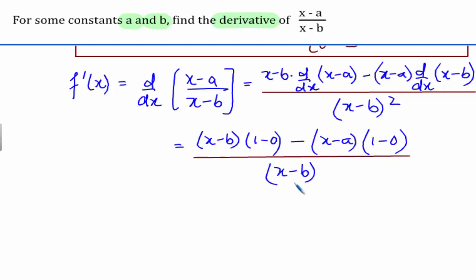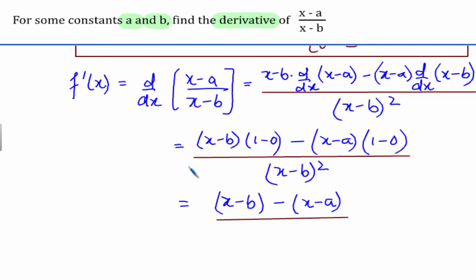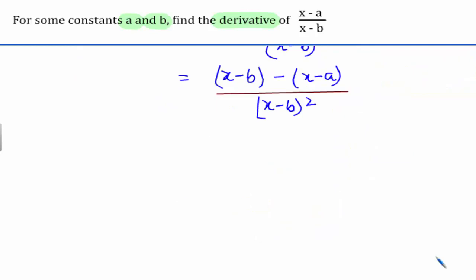Now this is equal to x minus b into 1 is x minus b, minus of x minus a, whole divided by x minus b whole square. This is further equal to x minus b minus x plus a whole divided by x minus b whole square.